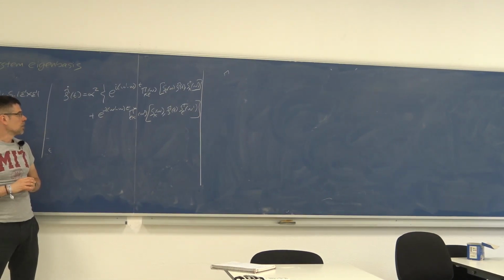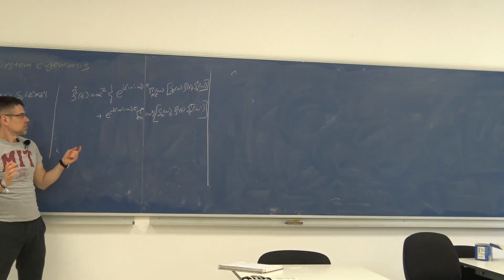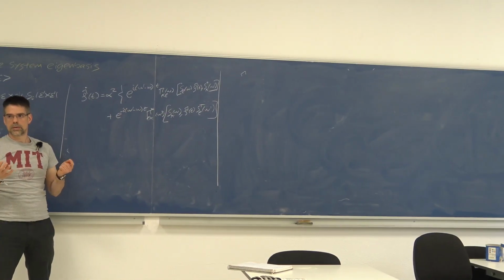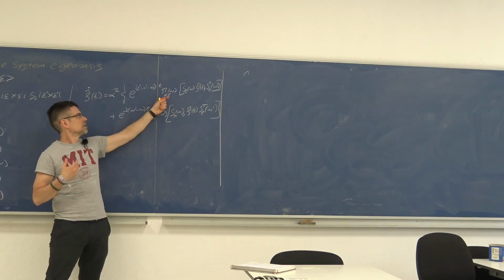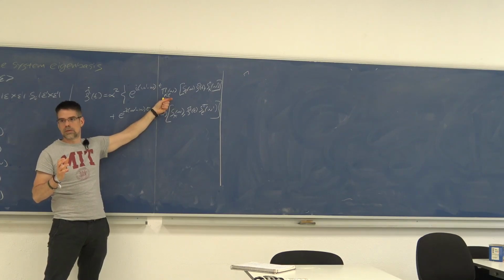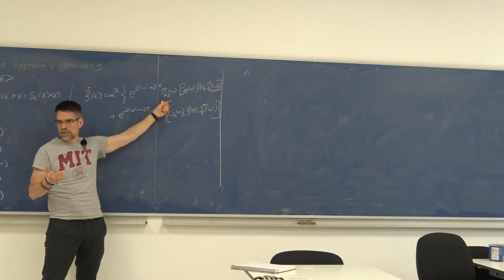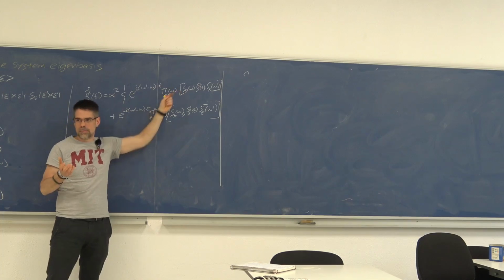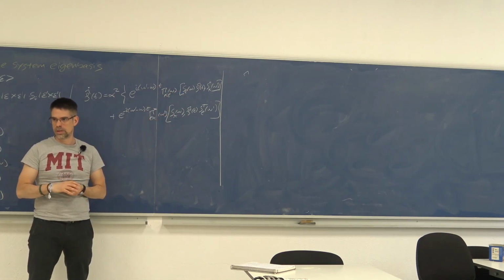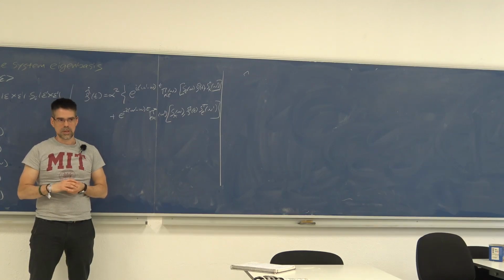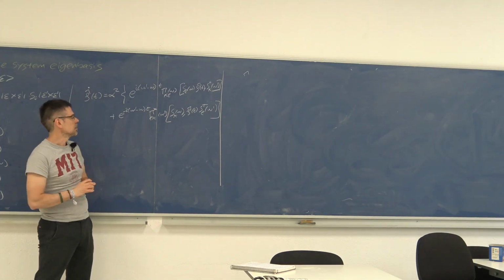The only assumption we have made, and we don't need to make it, we can keep it out, is that the state of the environment doesn't change with time, so these gammas are not time dependent. But if we don't make this assumption, we just write gamma of omega and t, and then we can keep our calculations until the end. So it's not a required assumption.